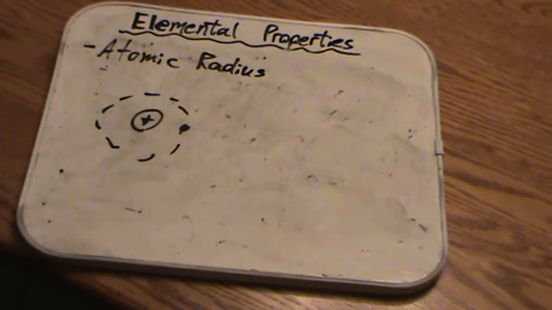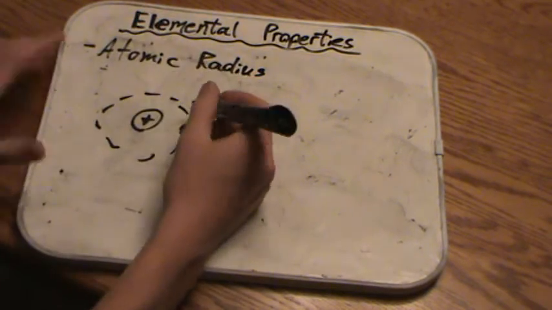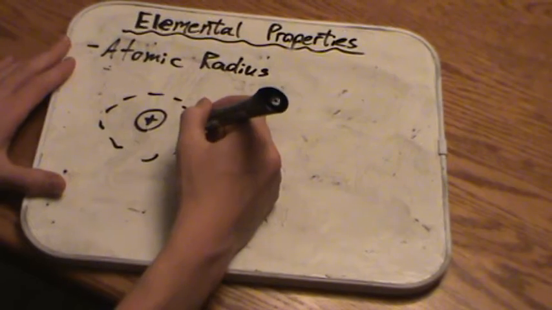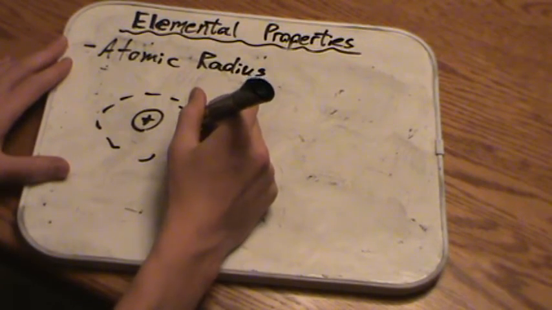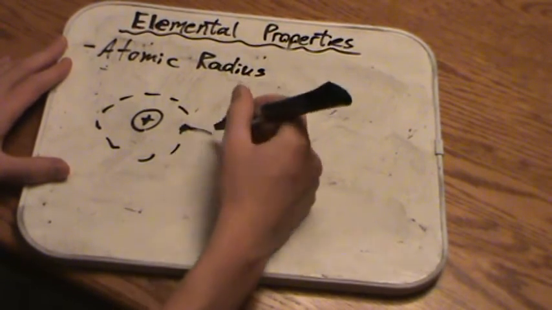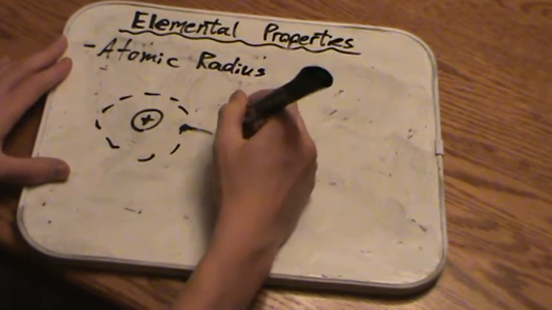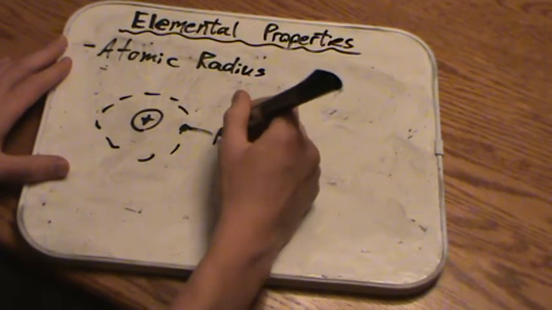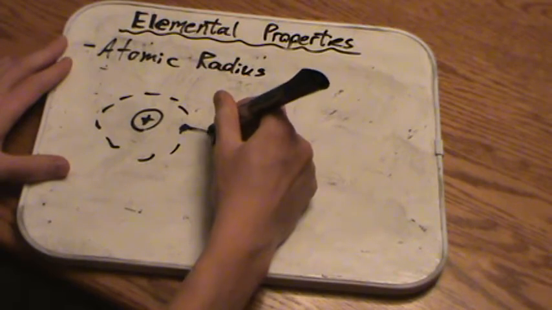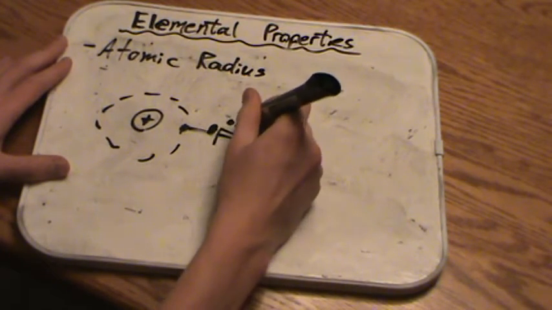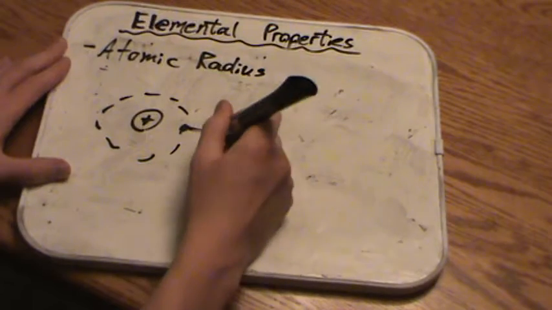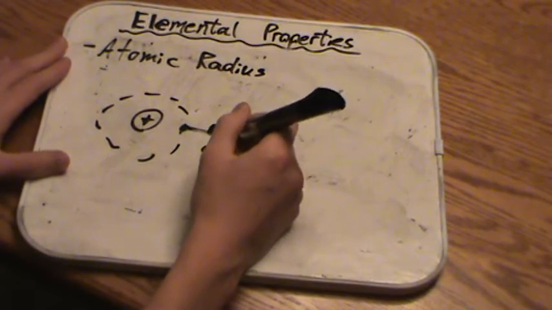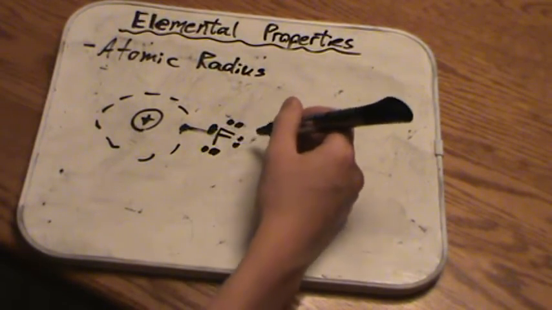And this actually, very interestingly, cannot be measured directly from observing one atom. This idea of atomic radius can only be measured when this hydrogen atom, or any atom, is bonded with another atom. Let's say this atom is fluorine. It's bonded with fluorine. And as we know, this is a covalent bond.